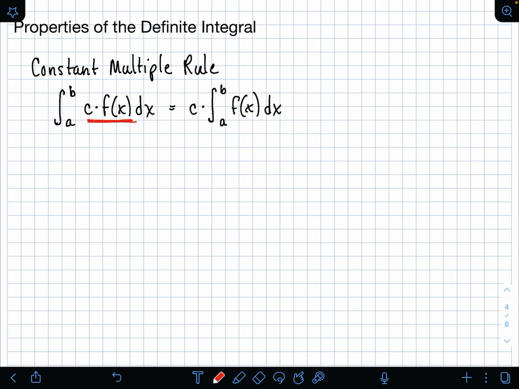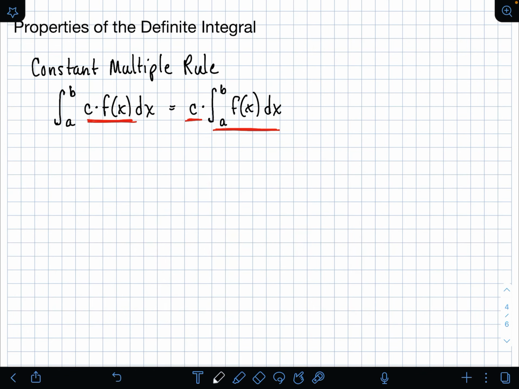In terms of area and the Riemann sum, that means each height of the rectangles will be 3 times the height, and therefore 3 times the area. So literally, it's make the function 3 times bigger, then integrate, or integrate like normal and multiply by the 3 or whatever c might be afterward.